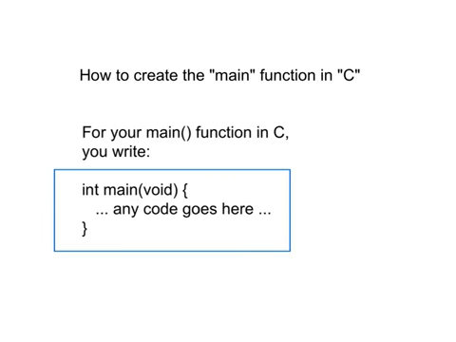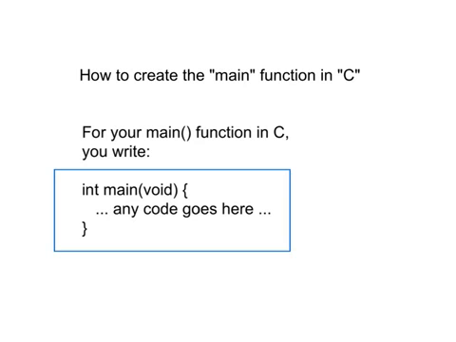So in order to create the main function in C, this is the syntax that we use. First, we write int. Now, int simply means integer, number. It specifies that the main function is going to have a return value, and that return value is going to be a number.